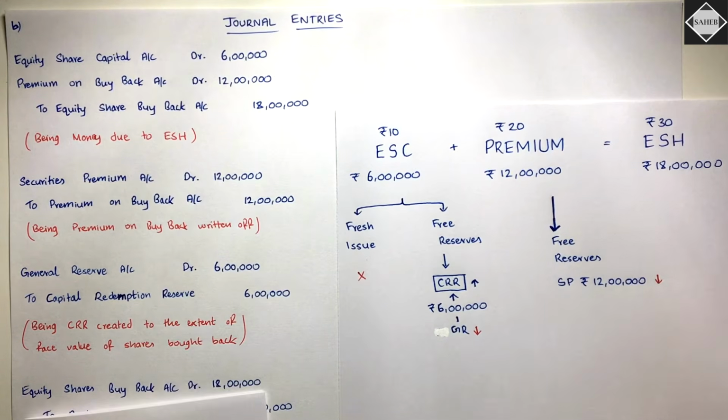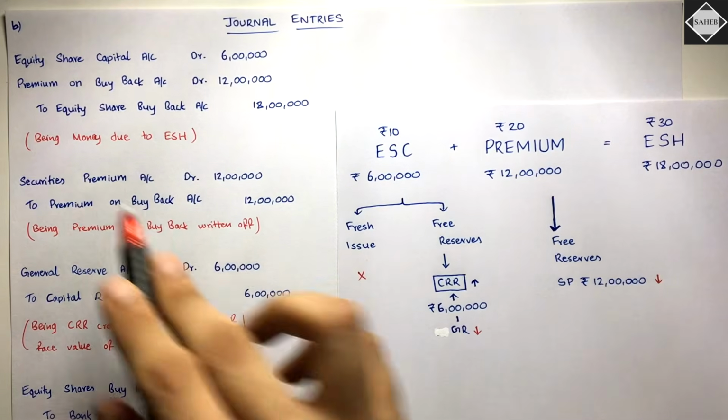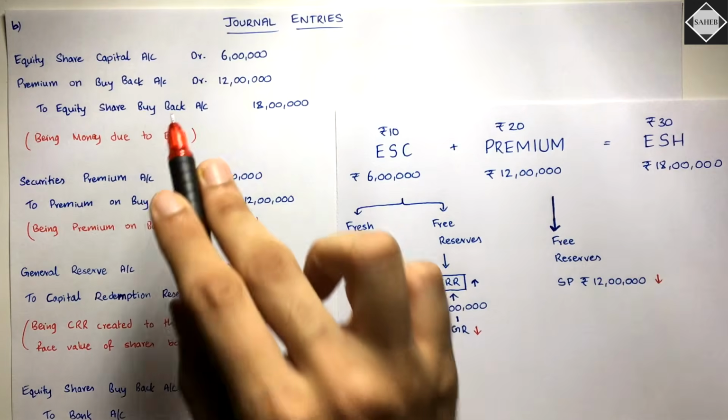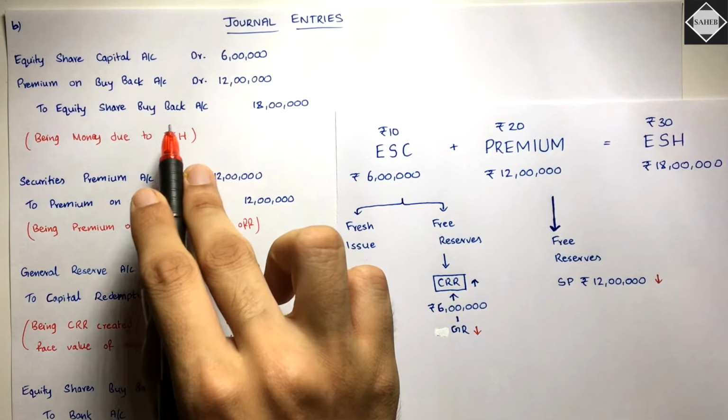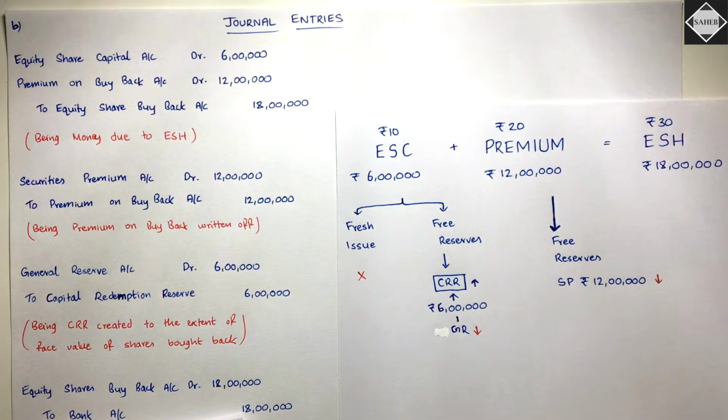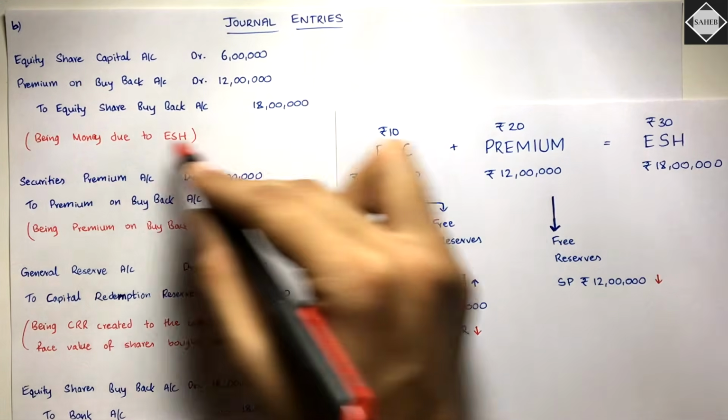And then at last you will have to pay off the equity shareholders. In the first entry, you credited the equity share buyback account, or you can say equity shareholders account, a liability account that you have to pay. As a company, we have to pay our shareholders 18 lakh. Here liability was created.